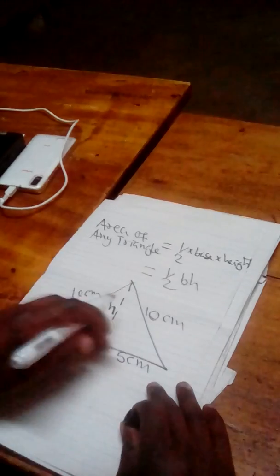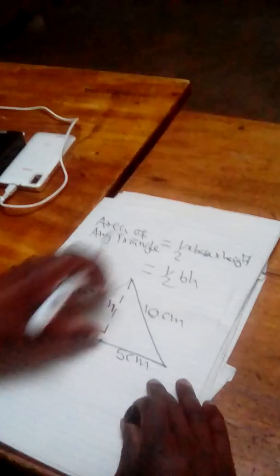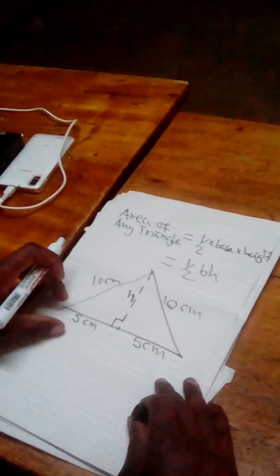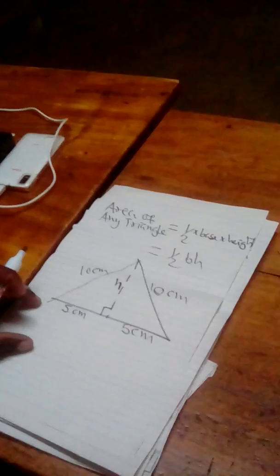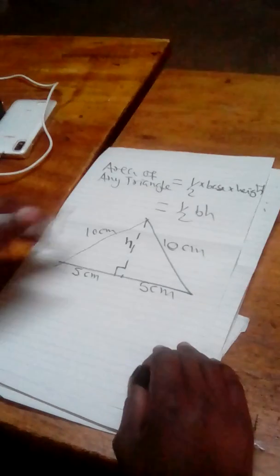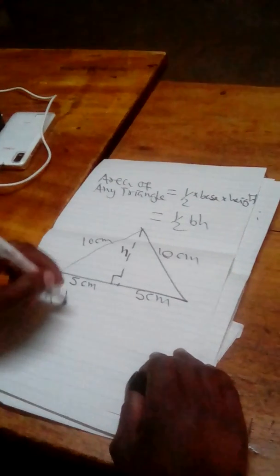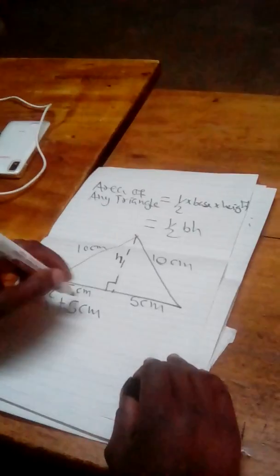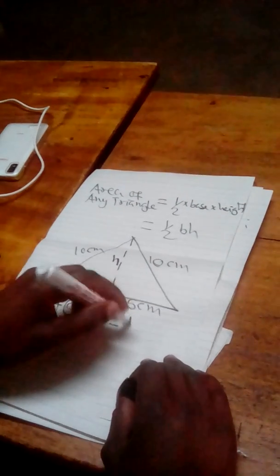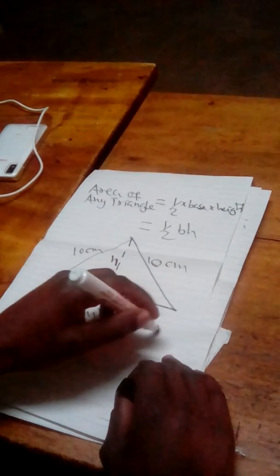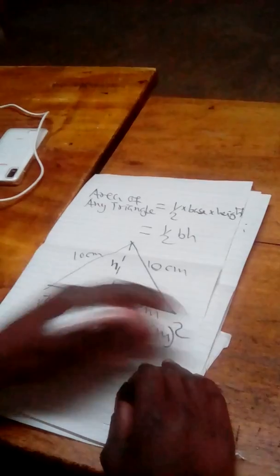Now we are looking for this height here, while having these two right triangles here. So we can use one of these two right triangles to find this height here. So how do we do it? These two are adjacent sides, so you'll have h squared plus 5 centimeters squared equals 10 centimeters squared.